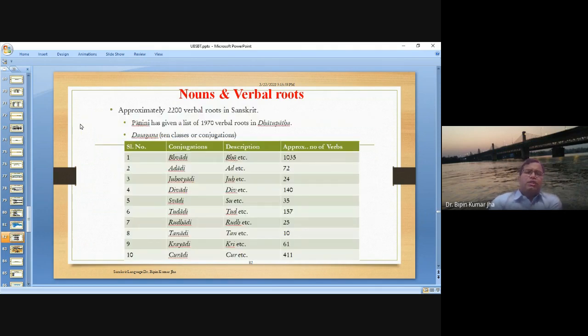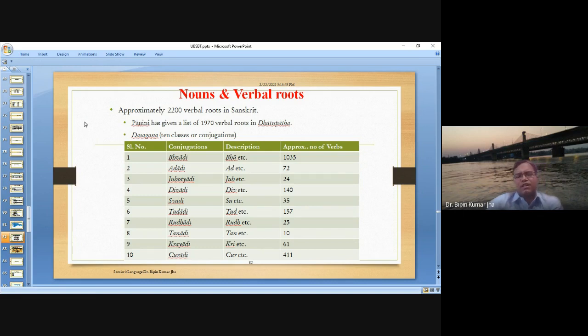And all these verbal roots, as per the structure of those verbal roots, how you will coin the verb with the help of those verbal roots, are divided into 10 different categories. You can see here, that is bhvadi, adadi, juhotyadi.